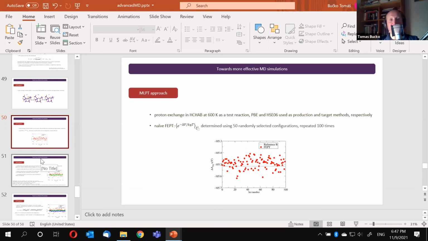It would be too expensive to compute that explicitly for every single configuration. So the idea is that you only select a few configurations, compute delta V, use that information to train a machine learning model, and use that to predict delta V for the rest of the ensemble. This is the idea.